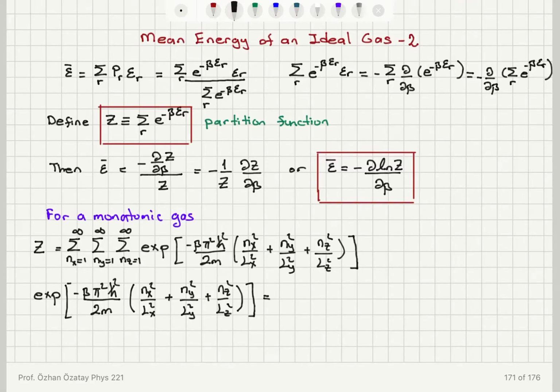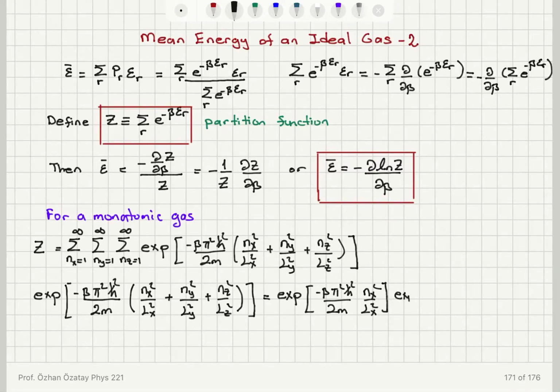This can also be written as the product of three exponentials. The first exponential is minus beta pi squared h bar squared over 2m times nx squared over lx squared.